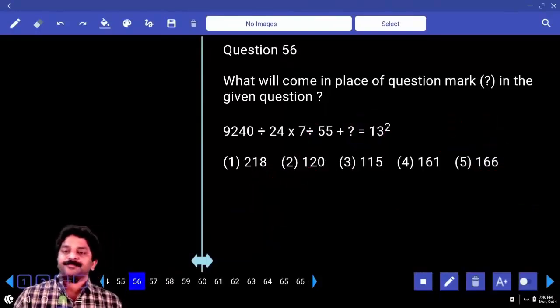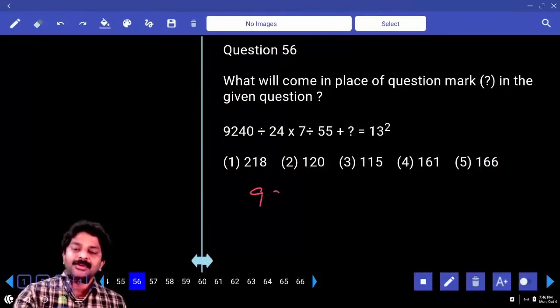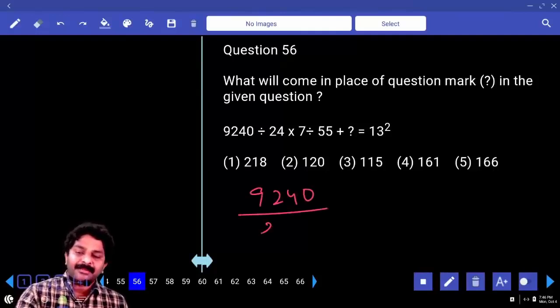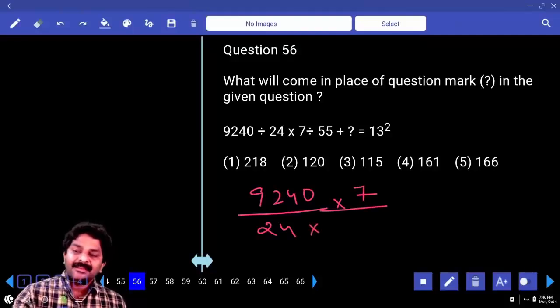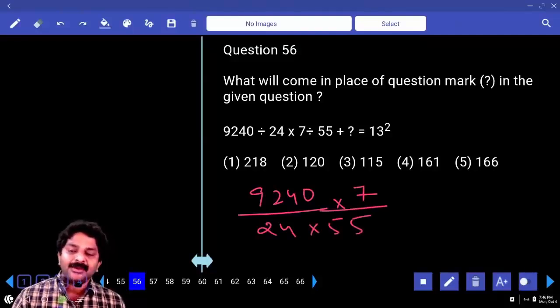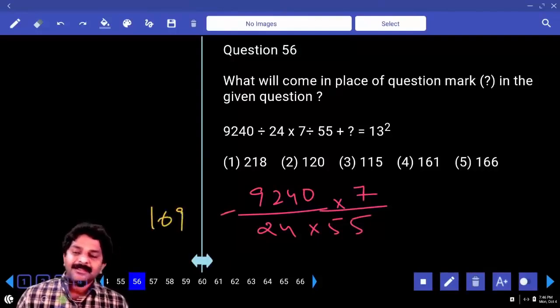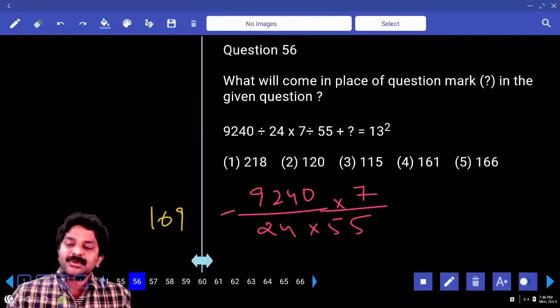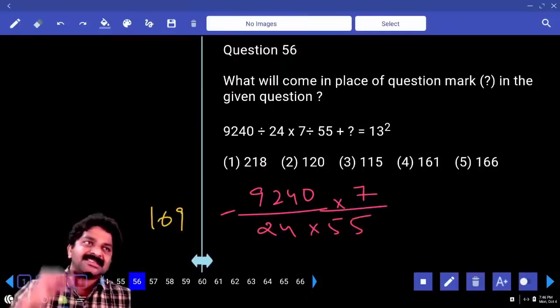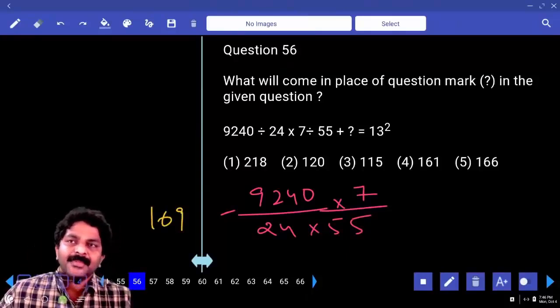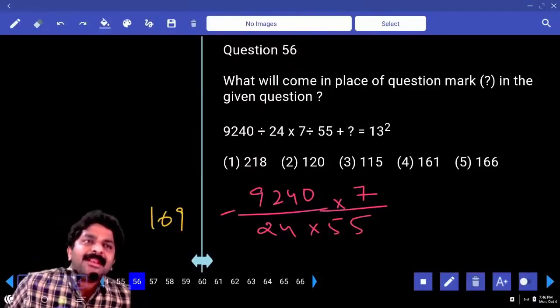Next, 9240 divided by 24 into 7 divided by 55. This value goes to right hand side and we have to subtract it from 169 only. Yes. So here in numerator there is a 0. Agreed or not? In denominator, do you have 5 multiple?